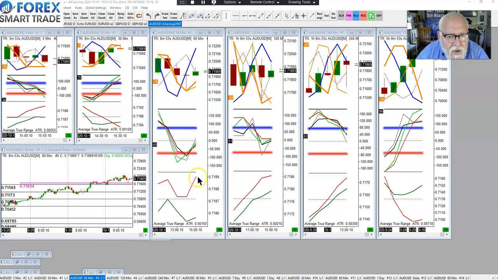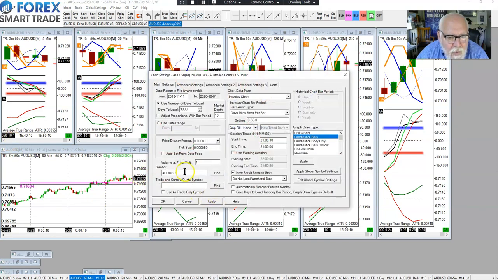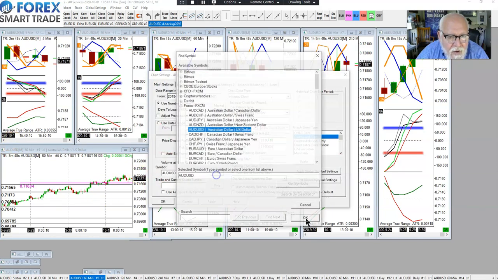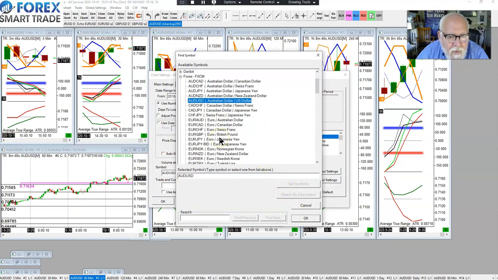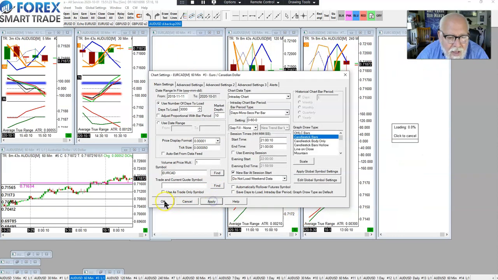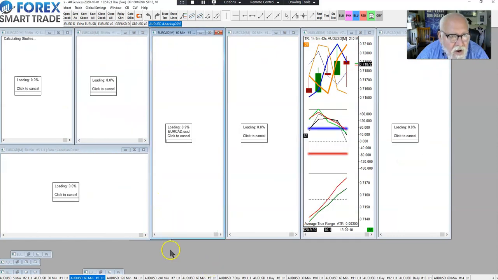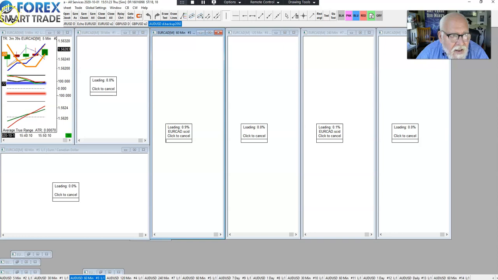To do that, I go to chart settings and change the symbol. I find Euro Canadian, okay, apply. It's going to change all of the charts. And then I am going to go to file, and I'm going to save it once it updates.